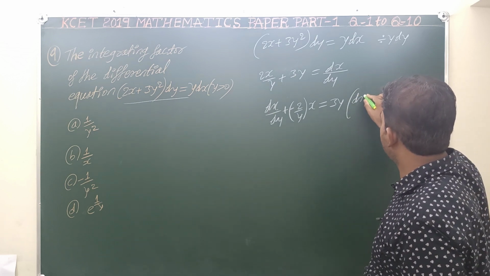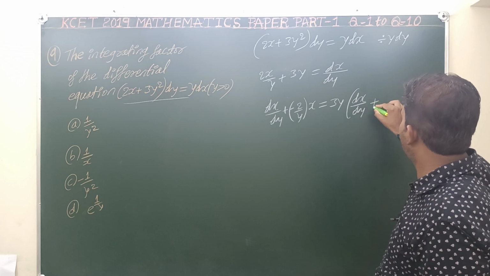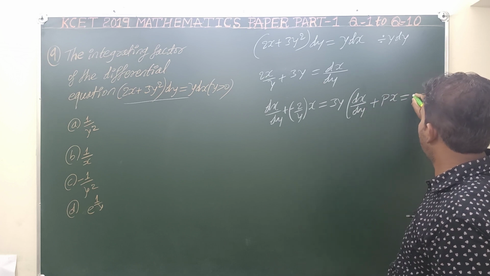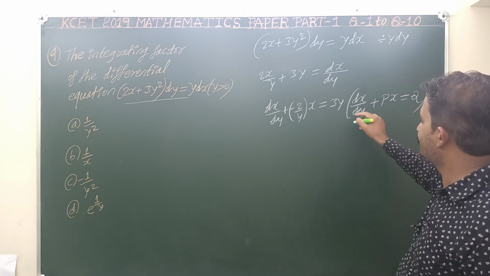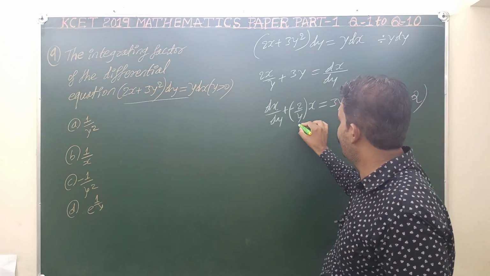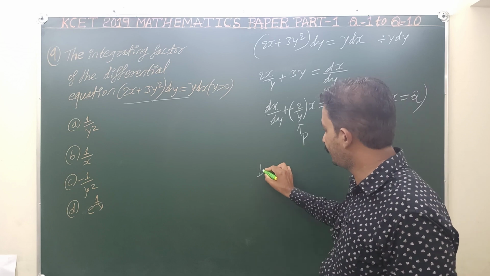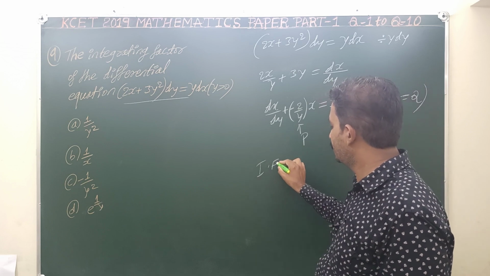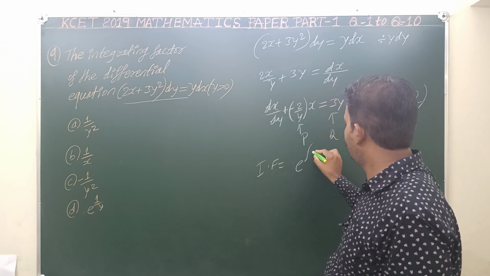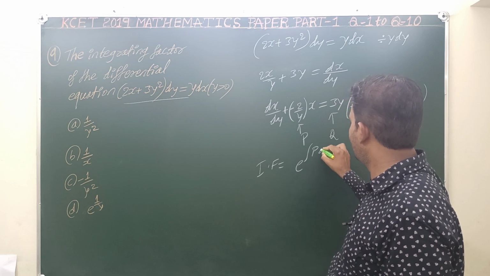So standard form is dx by dy plus px equal to q. So here in this case p is minus 2 by y. This is q. So the integrating factor of this differential equation is e to the power of integral p dy.